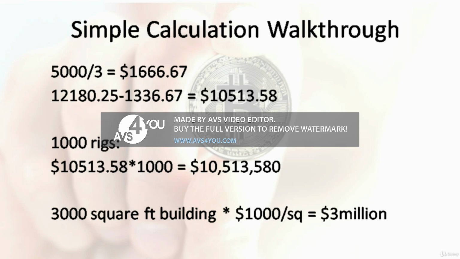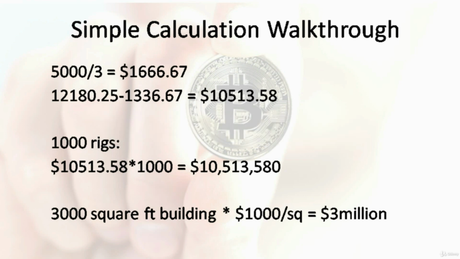Now, the math for straight-line depreciation is basically your initial cost minus your salvage value, divided by the lifetime in years. In this case, since the salvage value is $0, it would just be 5,000 divided by 3. So your yearly depreciation will be $1,666.67 per year.